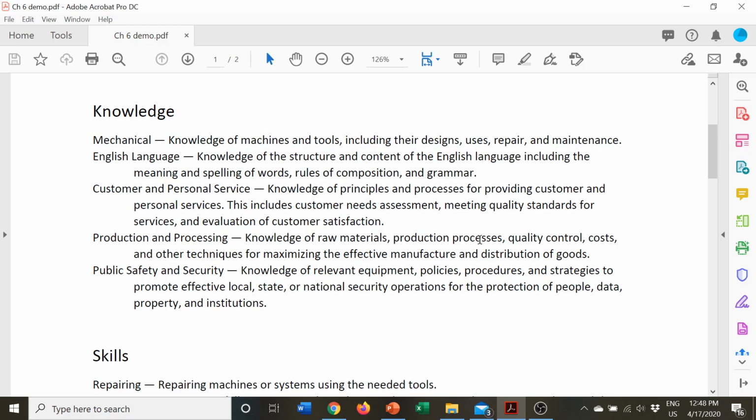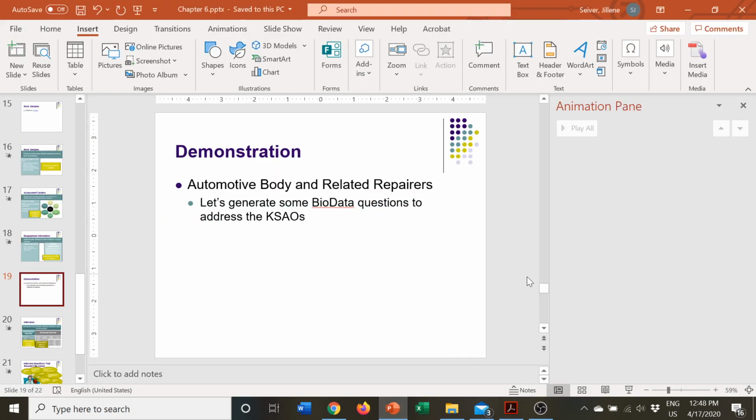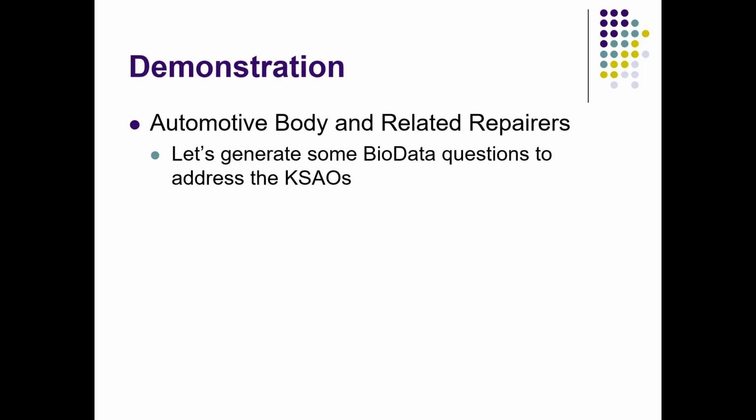So different styles of questions might appear on our biodata questionnaire. All right, well, hopefully that helped to illustrate, you would just go through your goals and generate items, and what you might find is that some of those items could tap into, let's say, a knowledge aspect and also a skills aspect, right? Like one item might hit a couple of your goals.